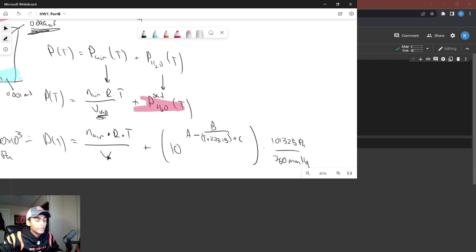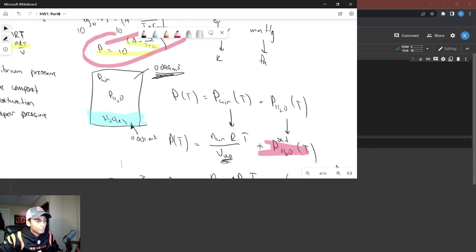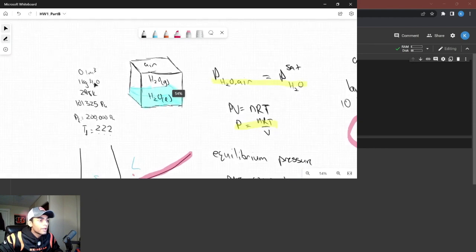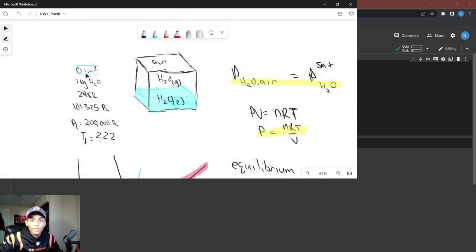Let's see, our V. So the volume of the vapor, remember, we calculated this out. We have 0.001 meters cubed of that water, and we had 0.1 meters cubed in total.